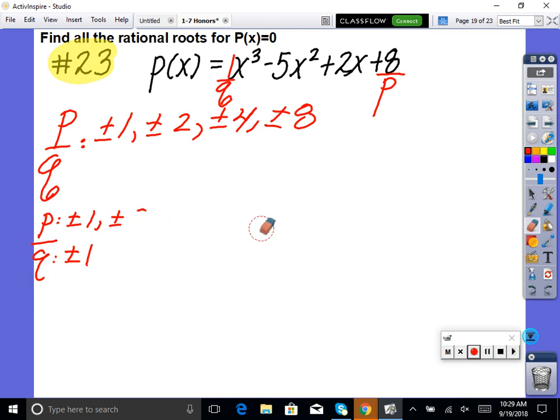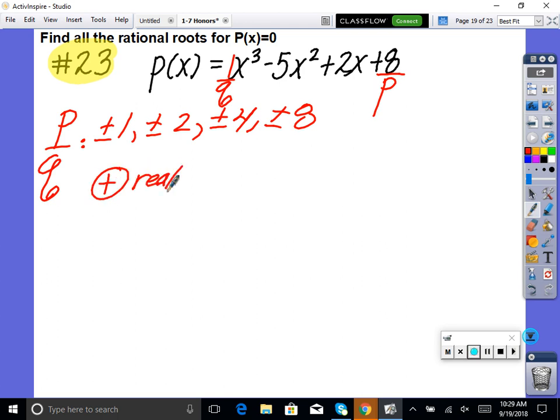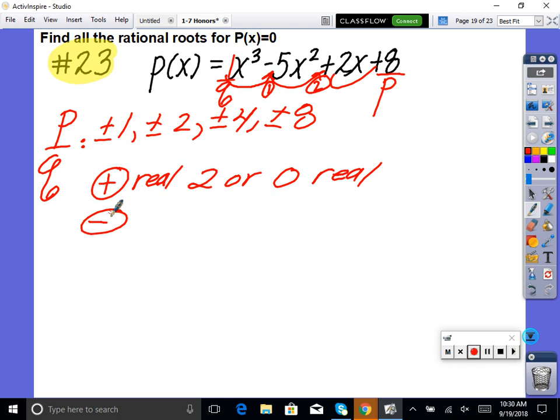Now let's do Descartes' rule of signs real quick to determine if we should test positive numbers or negative numbers first. So let's count for positive real roots. Positive to negative, there's one sign change. Negative to positive, 2. And then positive to positive doesn't change. So there can be 2 or 0 positive real roots. Negative, so how many negatives is there?